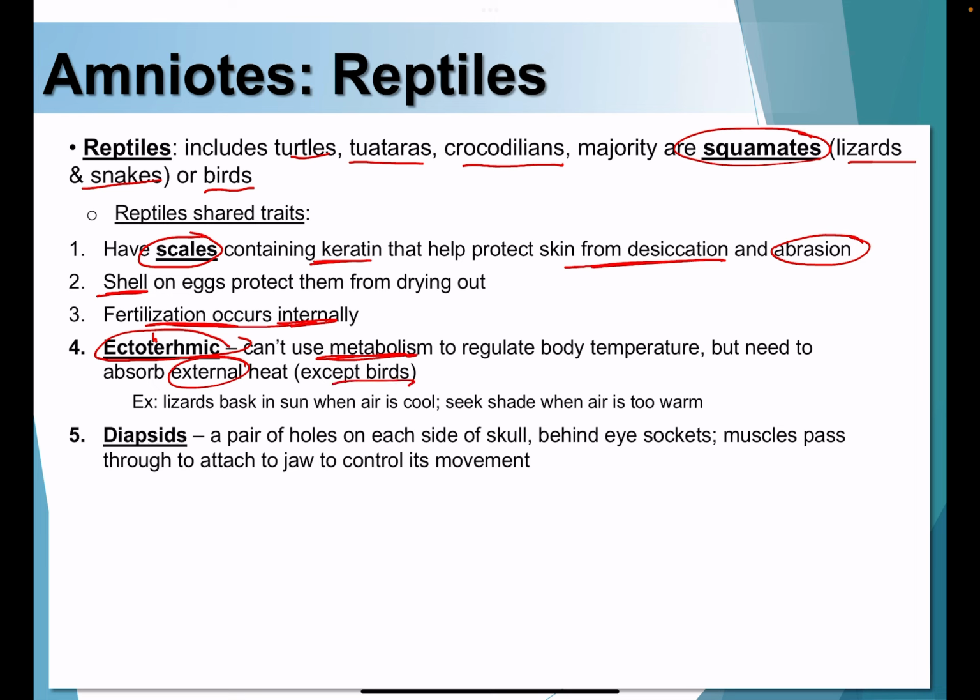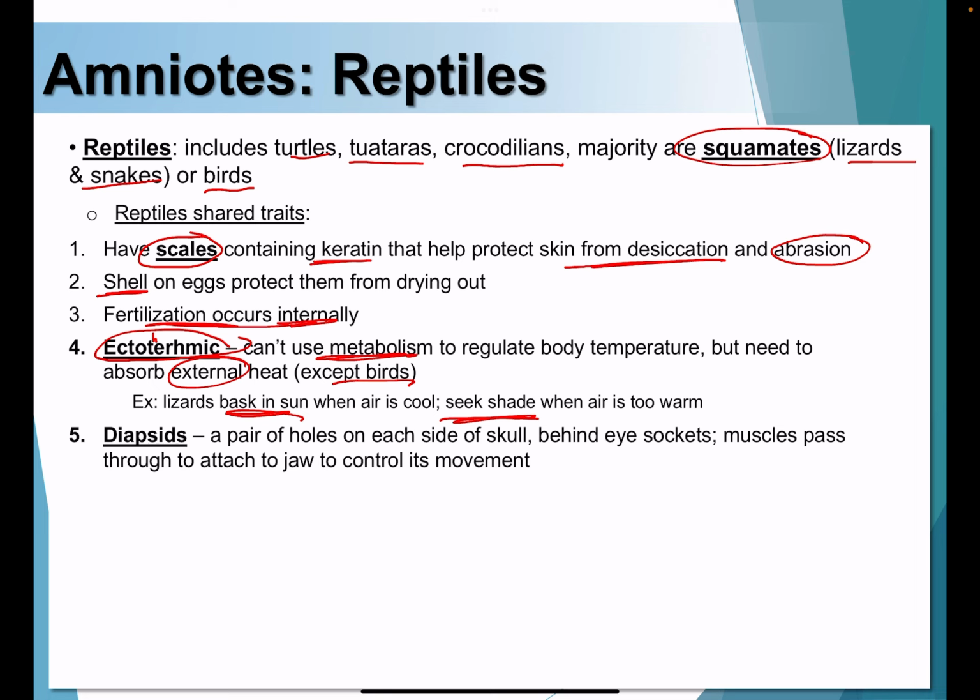Birds are, on the other hand, endothermic, meaning they use metabolism to regulate their body temperature, to feel warmer, etc. Lizards, which are ectothermic, will either bask in the sun when the air is cool or seek shade when the air is too warm. See how it completely relies on the environment to keep its body temperature at homeostasis.